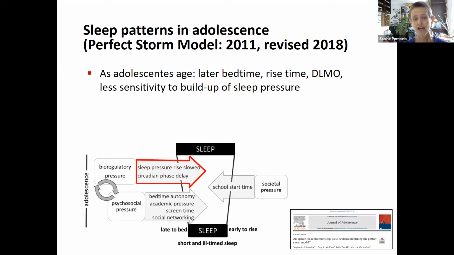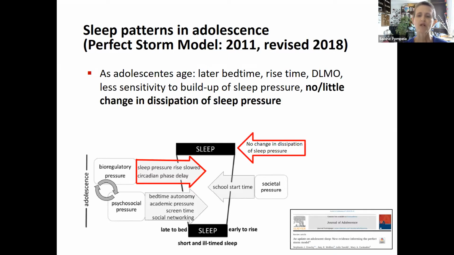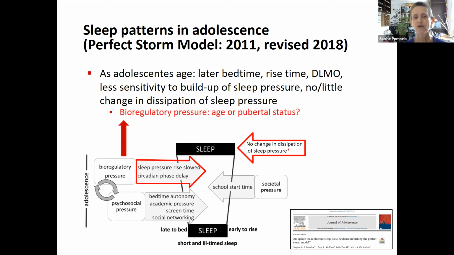Some psychosocial factors, which I'm not going to be talking about today, and also some physiological factors. This model also proposes that there is little or no change in dissipation of sleep pressure throughout adolescence. So my question here is, are these physiological changes related to the simple passage of time, in other words, chronological age, or are they more related to the pubertal status of the adolescents?